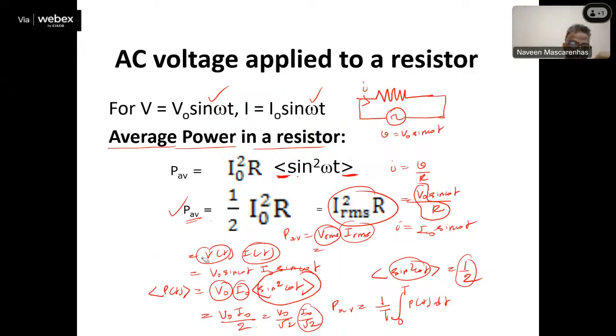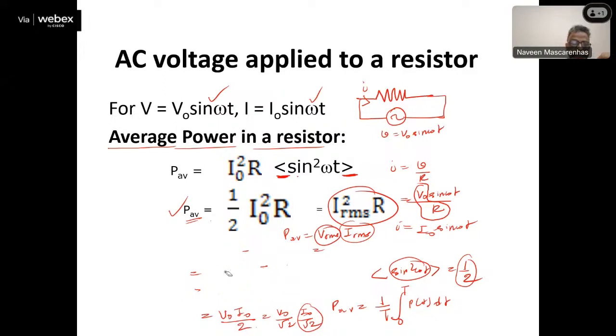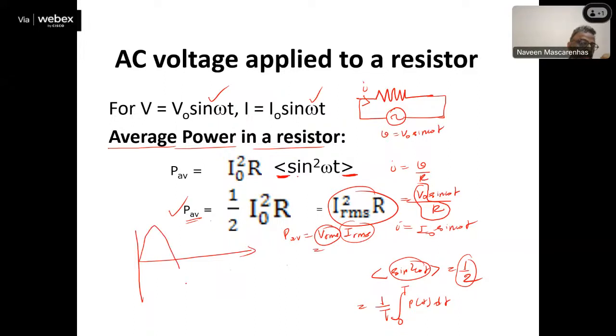In case if I have to show you with the help of graph also, it is possible. For example, I will erase this little to create space in this slide. So this is the picture of the voltage, let's say, and current is this only, no? They rise and fall simultaneously.